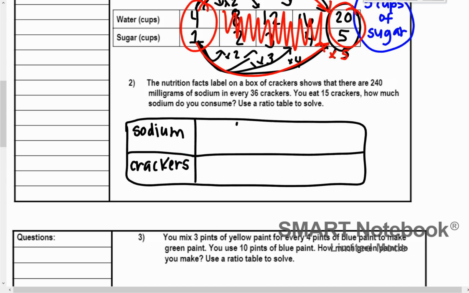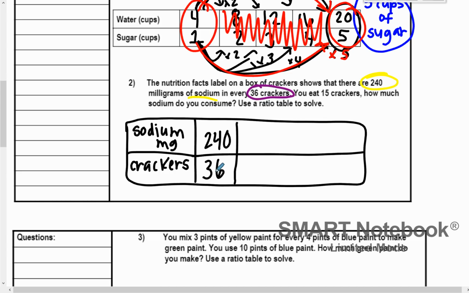For that first column in our ratio table, we always want to use the ratio that they give us. They tell us there's 240 milligrams of sodium in every 36 crackers, so this is being measured in milligrams, 240 milligrams for every 36 crackers.